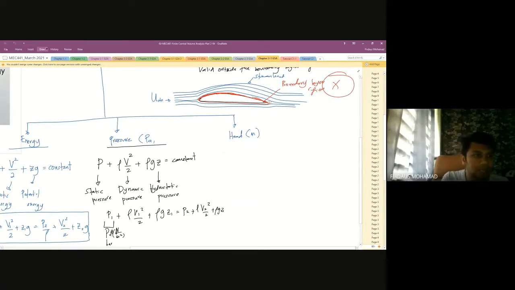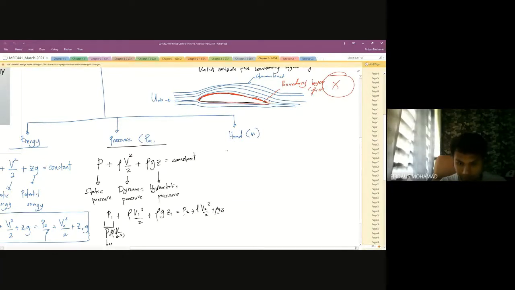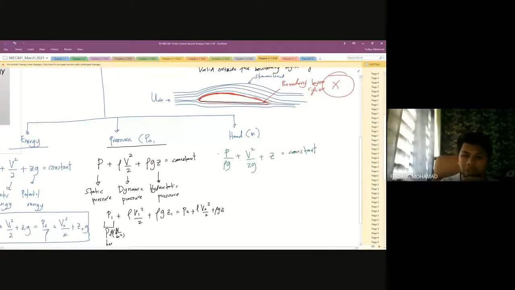So kita akan dapat P over rho G plus V squared over 2G plus Z equal to constant. Okay, so this is how to define the Bernoulli equation in terms of head.